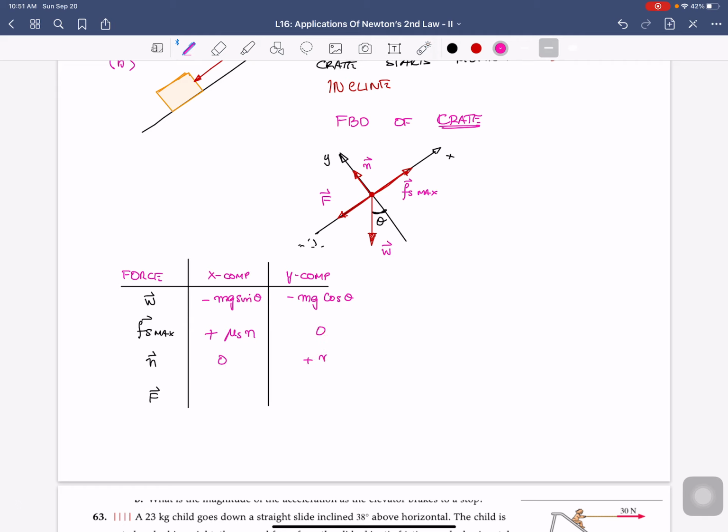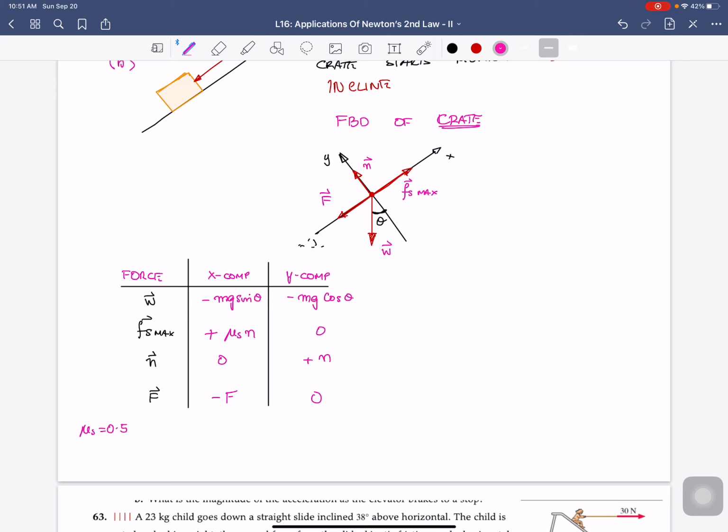Everything else stays the same, and the pushing force is also along the negative x direction. Mu sub s is given to us, 0.5 as before. Now you can go ahead, and I'm going to leave it at this.